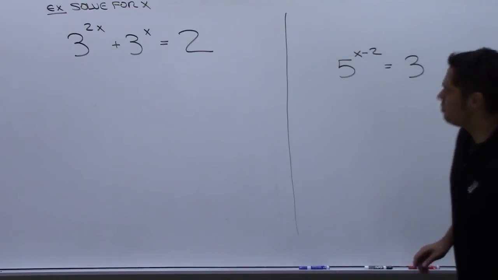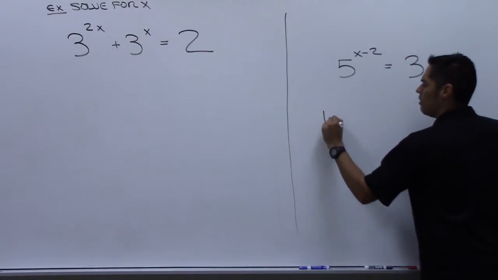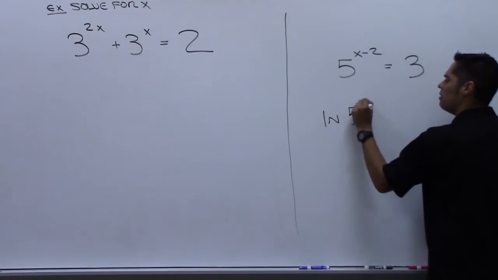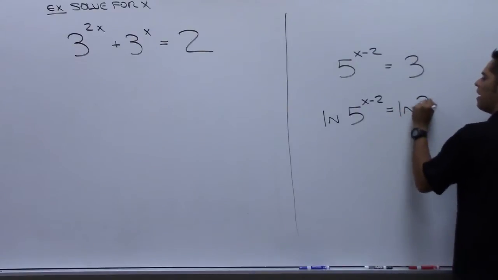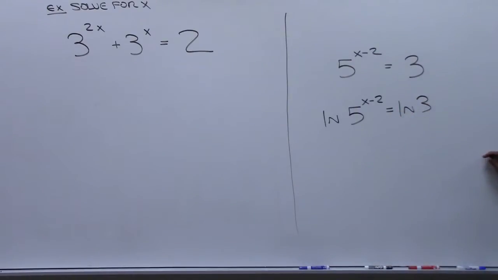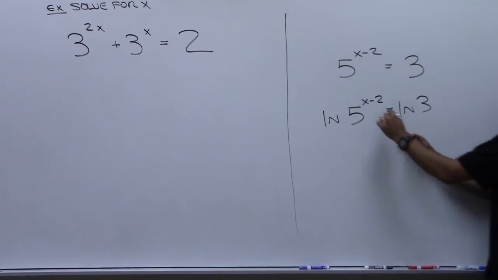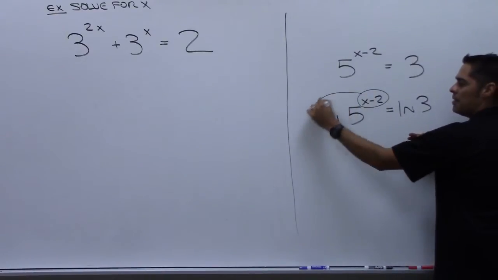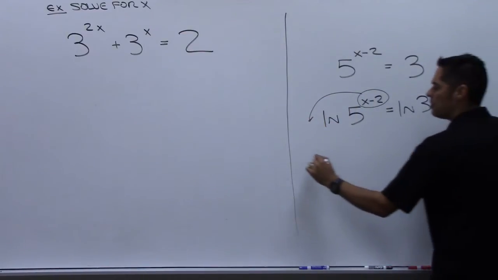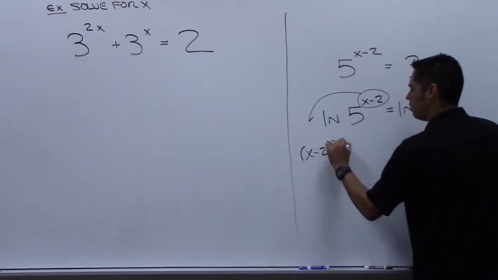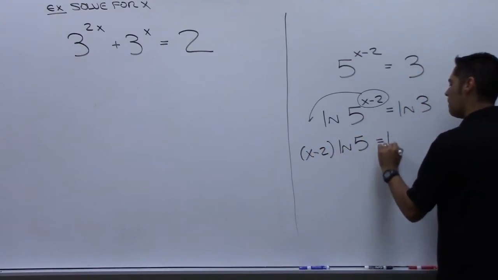And why do I use natural log and not some other log? Because we have a key on the calculator for natural log. That's right. And then I drop this down, and I have to put that in parentheses.